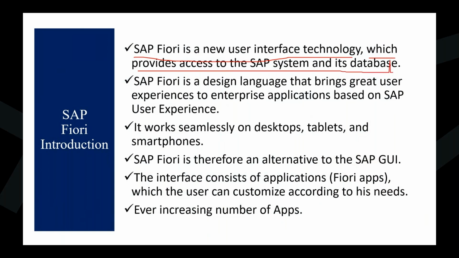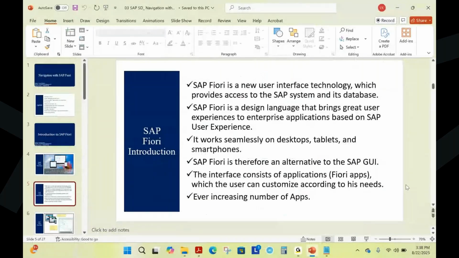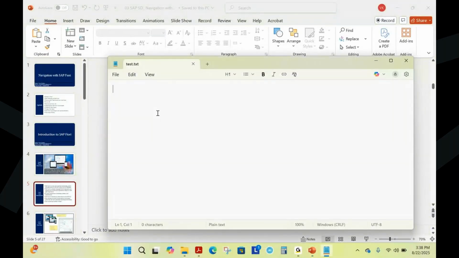So using Fiori, you will be accessing the SAP system and you will be able to execute all your functions. So there are two methods now. Earlier, in the ECC, we had only one, but in S4 HANA, now there are two methods to access the SAP. One is GUI, which we discussed earlier, and another one is Fiori.